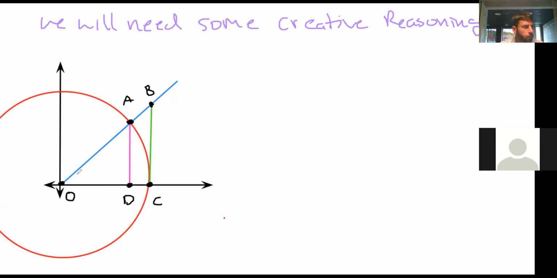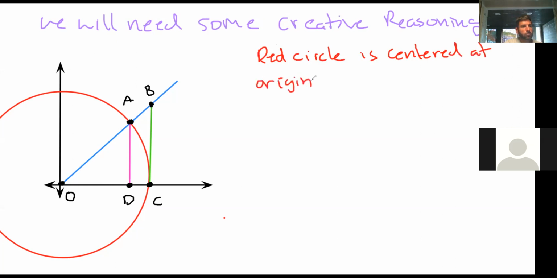The first thing I want you to understand is that the red circle is centered at the origin with radius equal to 1. That's an important observation for us to make.